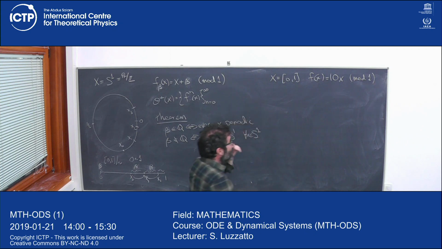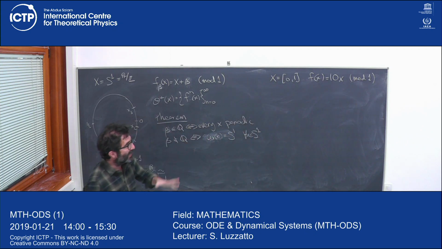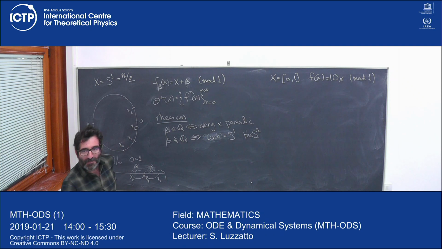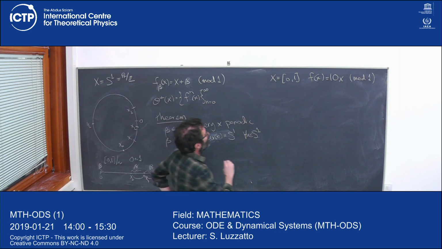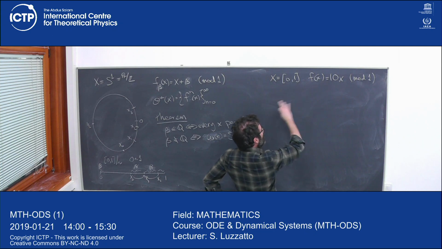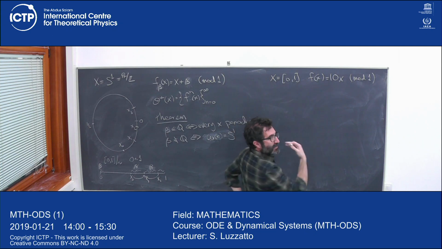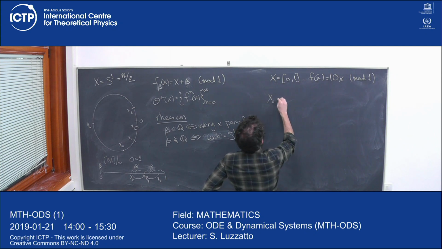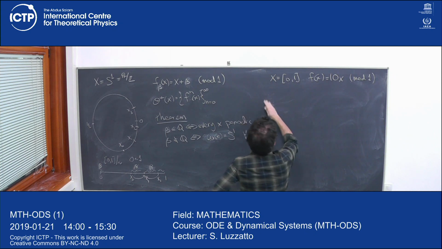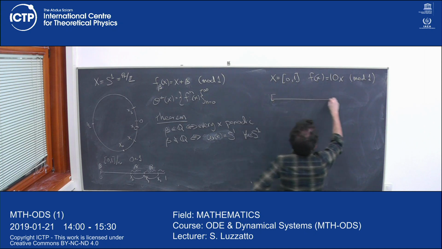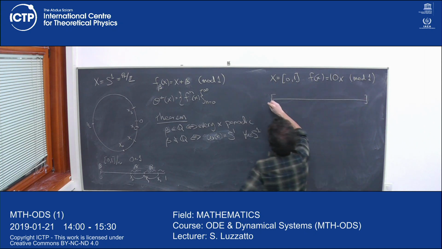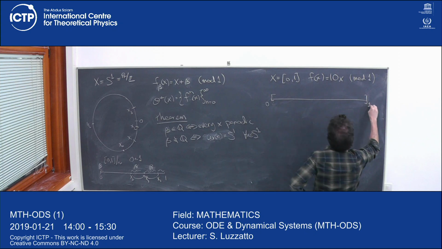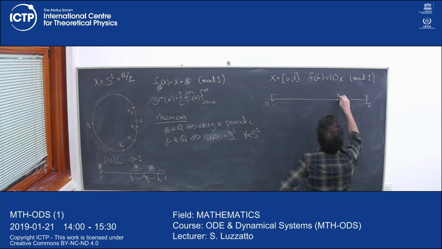I think the nice thing here, you will see why I choose 10x, because we all know how to multiply by 10, even in elementary school, okay? It's the easiest multiplication. So before we look at the geometry, let's literally try to apply this map to some point. So let me take an initial condition x0. I can draw the interval 0, 1, and then I take some x0.